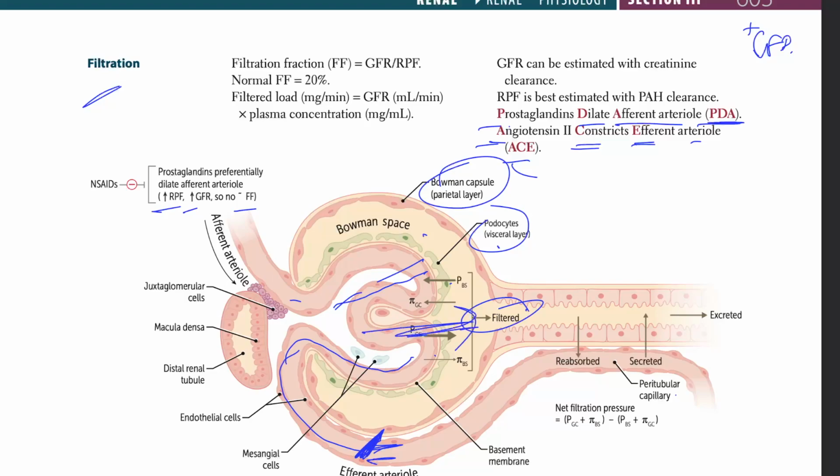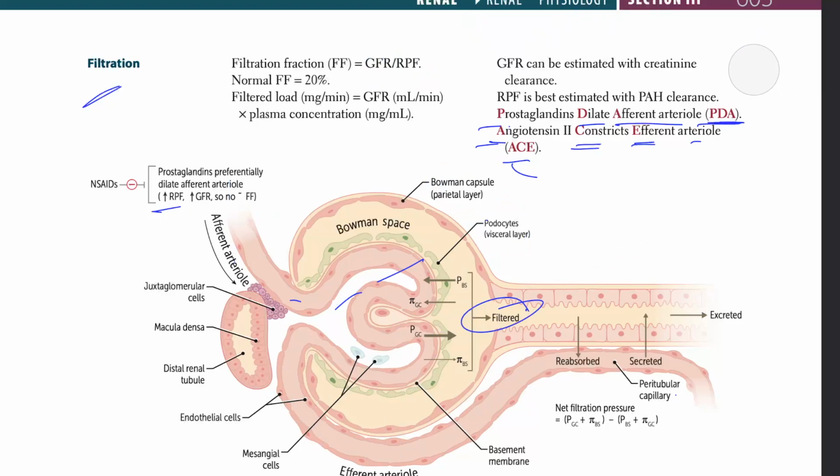You also have a decrease in renal plasma flow, because less plasma is coming down. So GFR increased divided by plasma flow decreased equals an increase in the filtration fraction. That's what I mentioned here, increase in filtration fraction. I hope that is pretty clear.